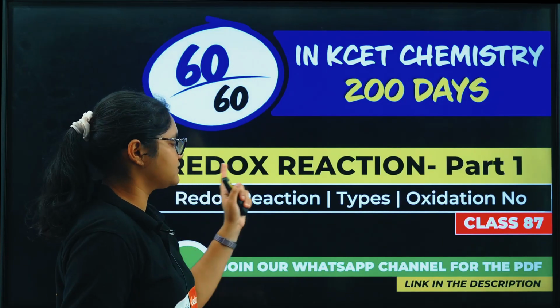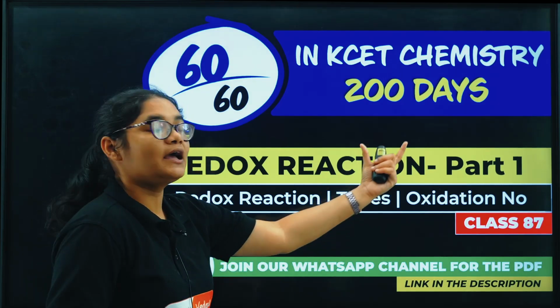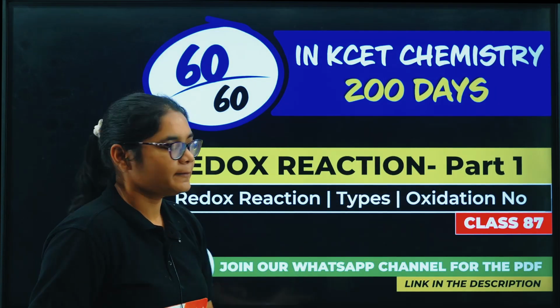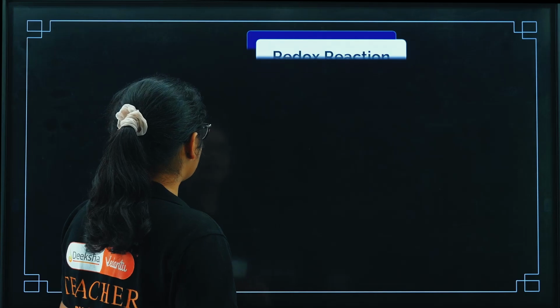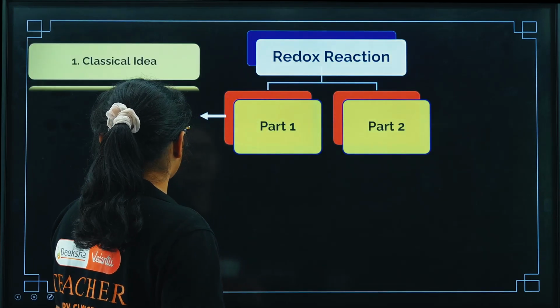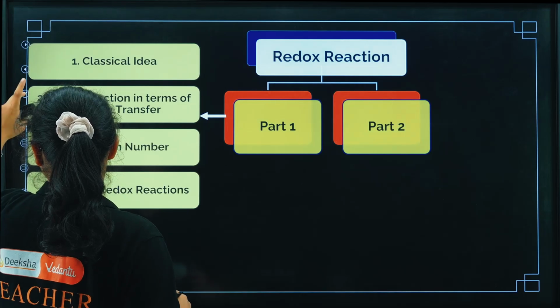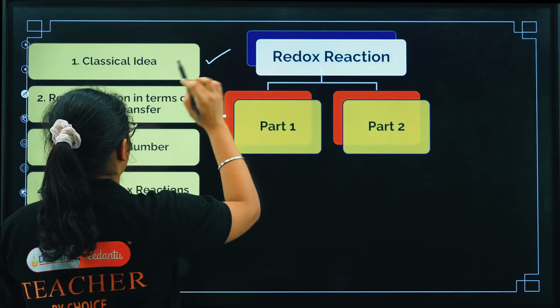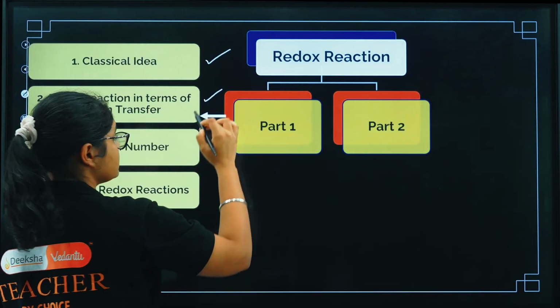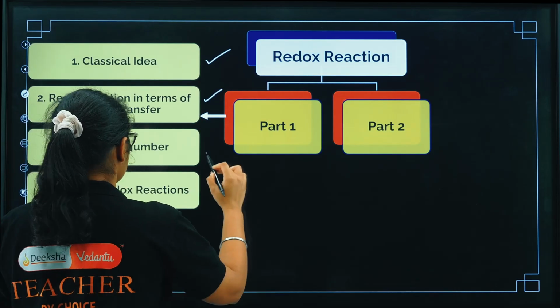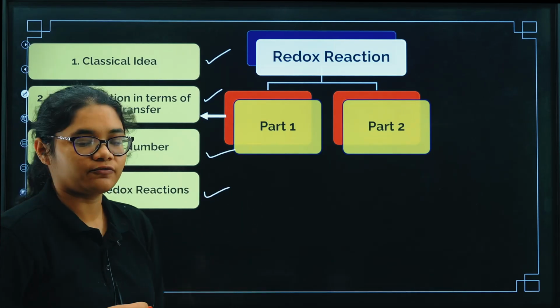Today we are going to discuss what redox reactions are, their types, and what oxidation number is. In part 1, today's lecture, we cover the classical idea of redox reaction, redox reaction in terms of electron transfer, oxidation number and types of redox reaction.